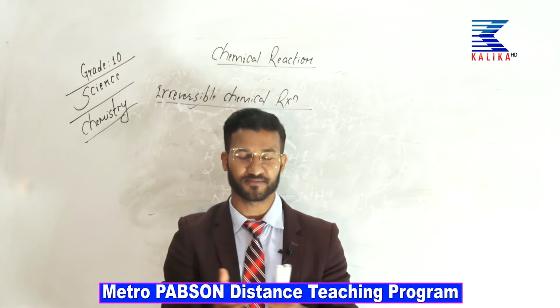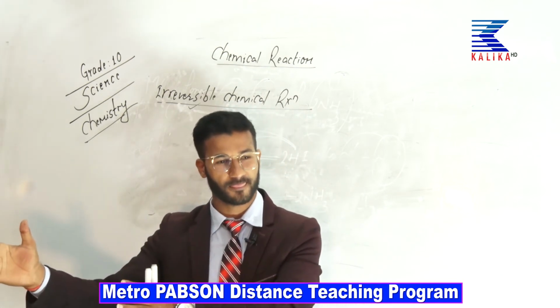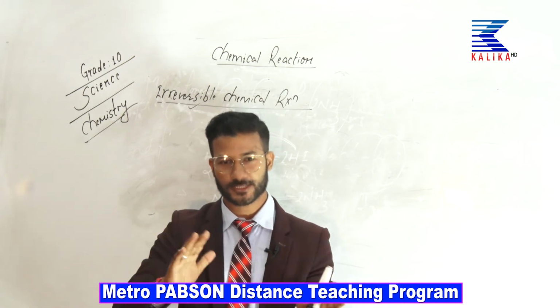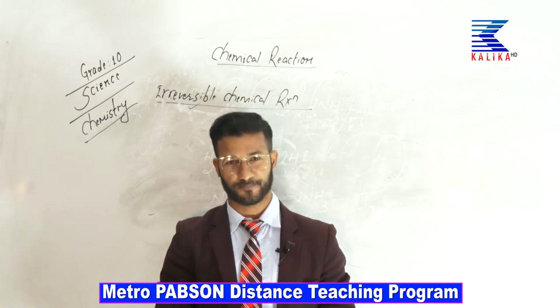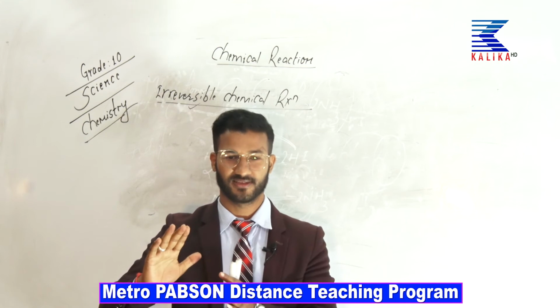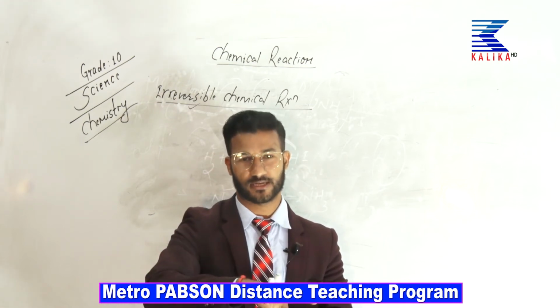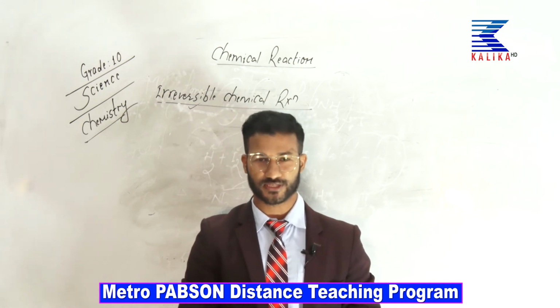It is the type of chemical reaction which occurs in only one direction, which does not take place in forward and backward directions at the same time. Once the product is formed, that is final. That product cannot be broken down back into the reactant molecules.